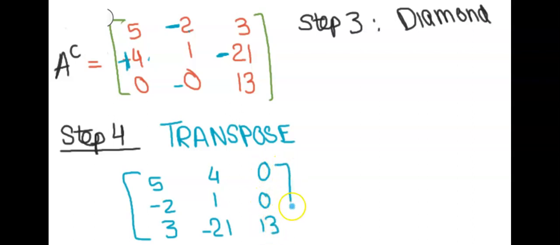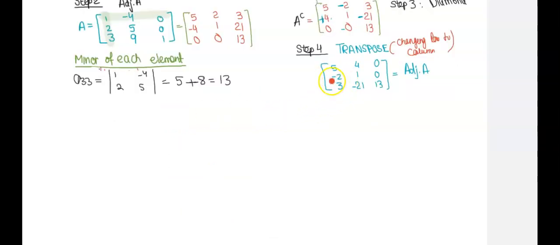Minus 0 is the same as 0. This matrix is known as the adjoint of A. When we did the transpose of this matrix of cofactors, that gives me the adjoint of A.